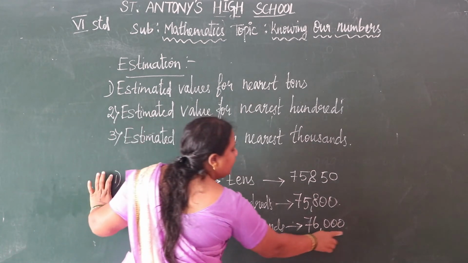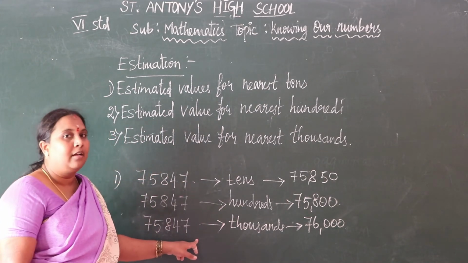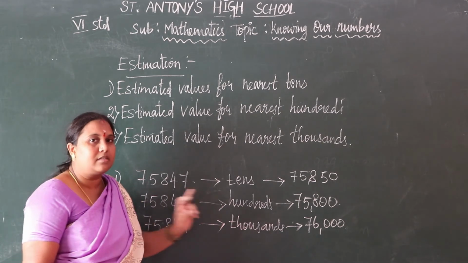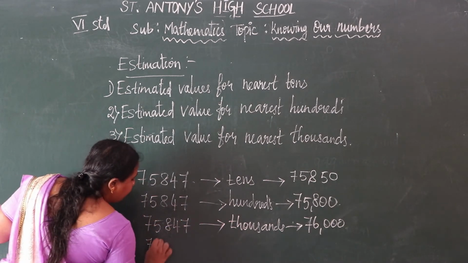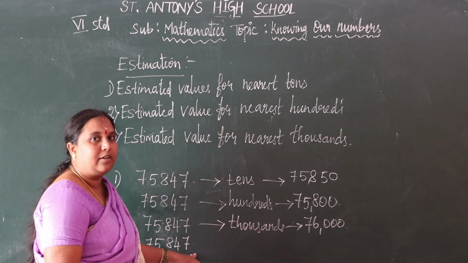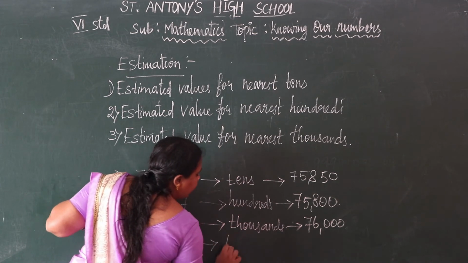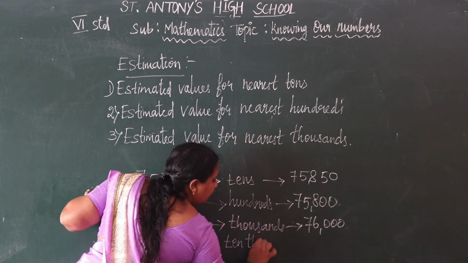So 76,000 is the estimated value for 75,847 for nearest thousands. Okay, next 10,000s.